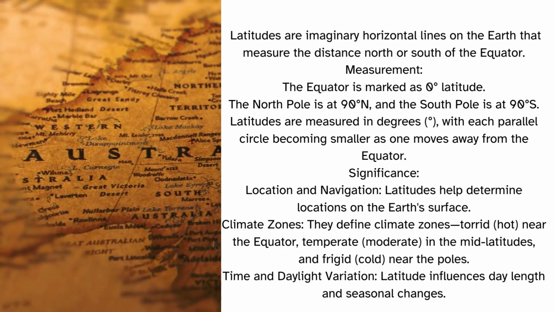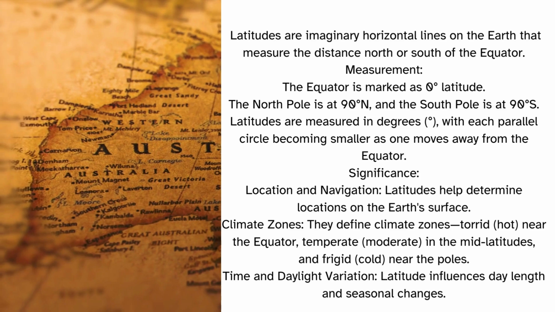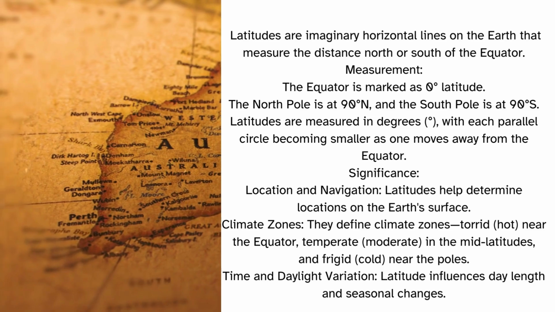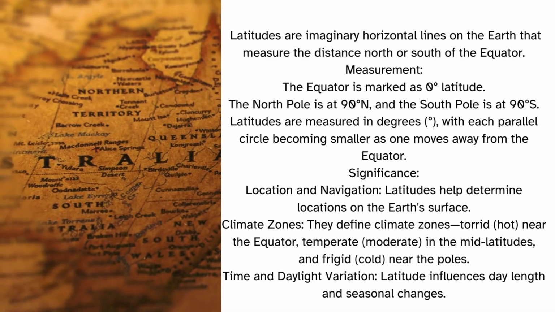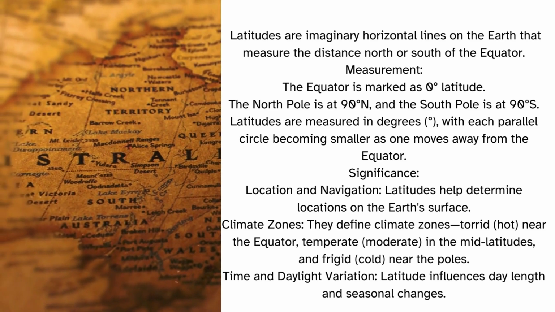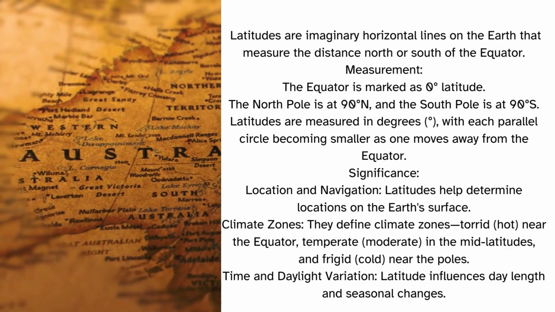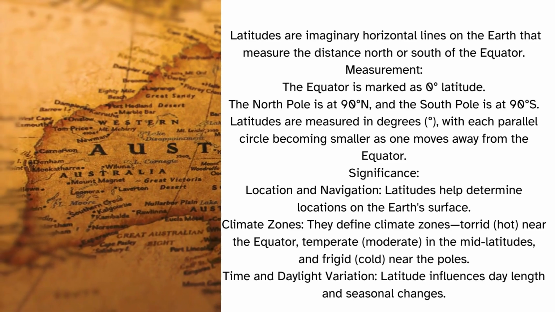Latitudes are measured in degrees, with each parallel circle becoming smaller as one moves away from the equator. It helps us to determine locations on the Earth's surface. There are different climate zones, that may be torrid, moderate, or frigid zone.